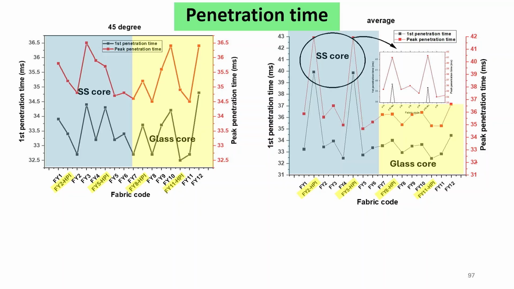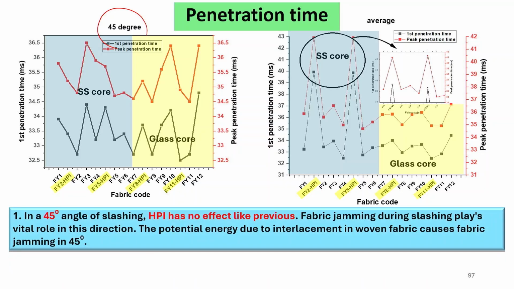In 45-degree angle, there is no such trend available. So, in 45-degree angle HPI has no such effect like previous, because the fabric jamming during the slashing plays a vital role here.